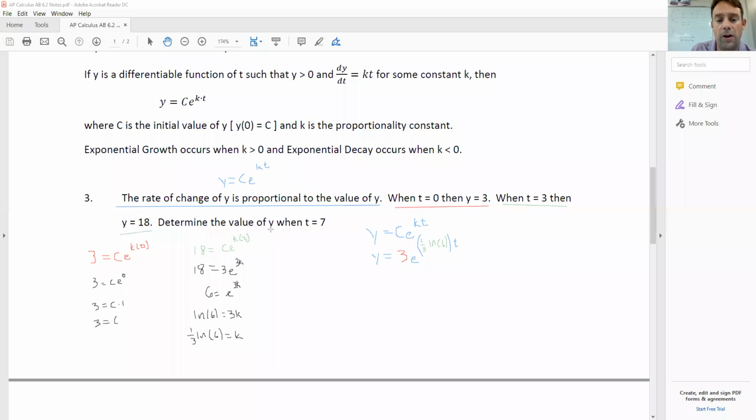So if I want to know the value of y when t equals 7, all I'm really going to do is just plug in 7 for t. So 3e to the 1/3 natural log of 6 times 7.